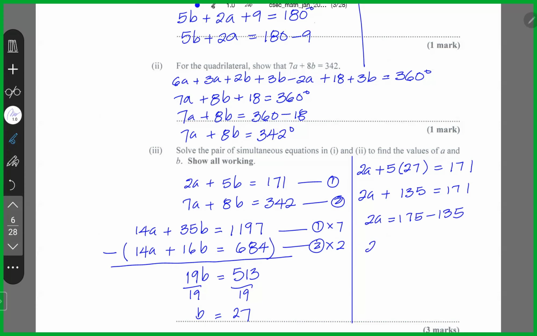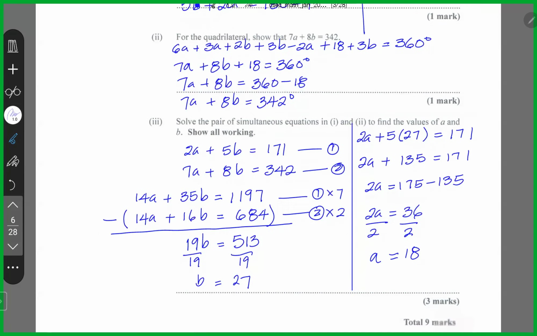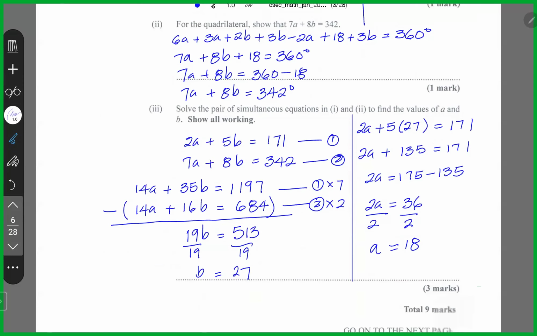So 2A would be equal to 36. Divide both sides by 2, and we get that A is equal to 18. And that said, we're at the end of the question.